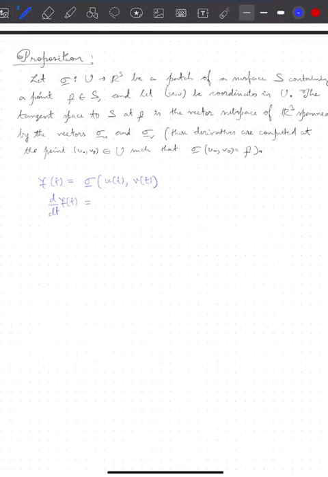So we have gamma dot, and using the chain rule, this will be sigma u times u dot plus sigma v times v dot. Right. So what we see is that gamma dot vector is a linear combination of sigma u vector and sigma v vector.